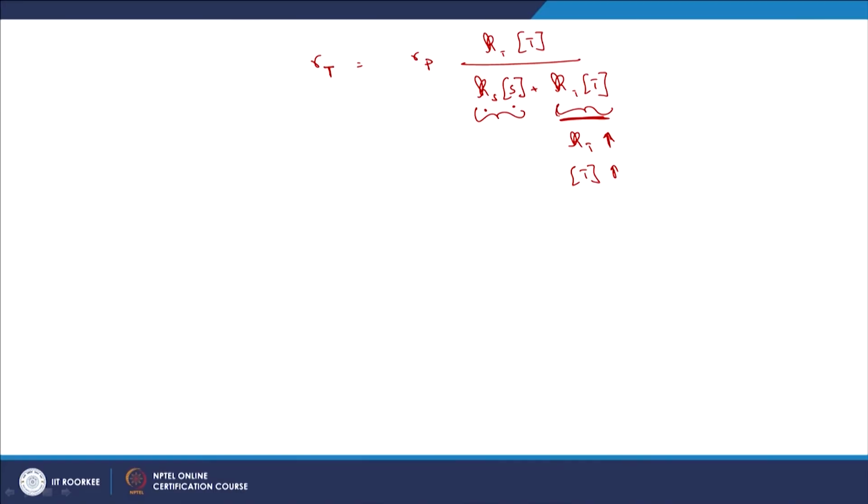Either the target concentration is high relative to the concentration of scavenger, or the kinetics of hydroxyl radical reacting with the target is faster compared to the kinetics of hydroxyl radical reacting with the scavengers, right. So, in that case, if this variable is high, what would it turn out to be? Rt would more or less be equal to Rp, right. In that case, obviously, the system would be efficient.